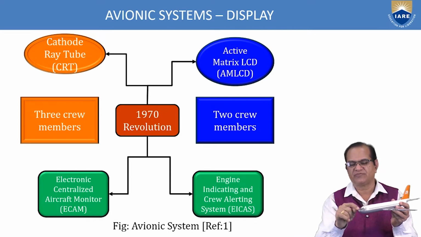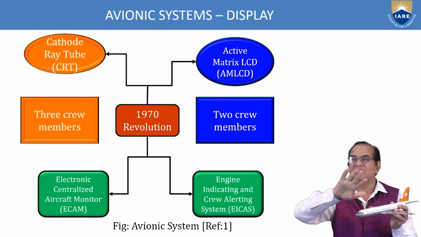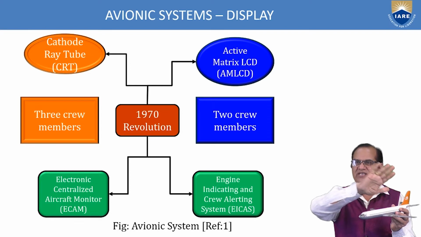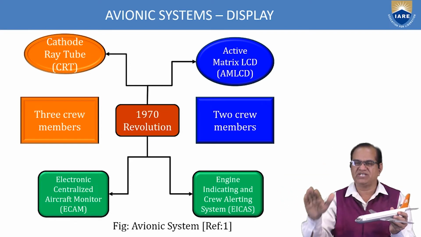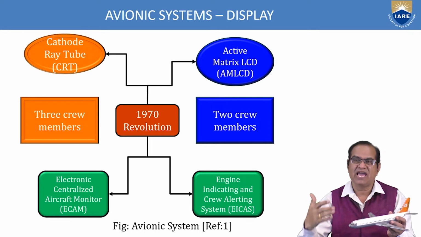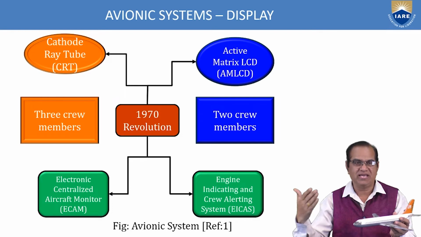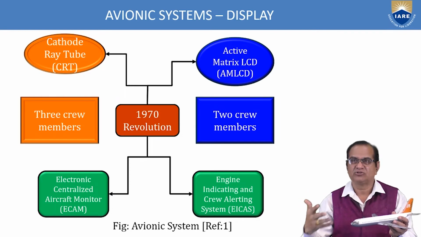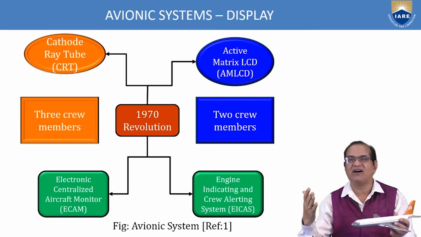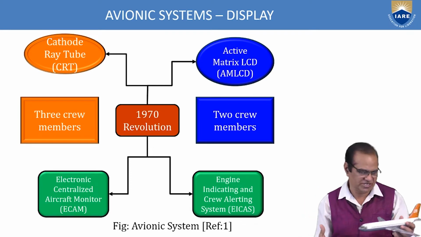But below this whole area, behind this, you will see hundreds of equipments, measuring equipments. There are meters placed. So this display I am going to discuss, and their evolution, how these things have been developed with the passing of time. So this is the avionics system, and how these things are displayed on the cockpit. This I am going to discuss.